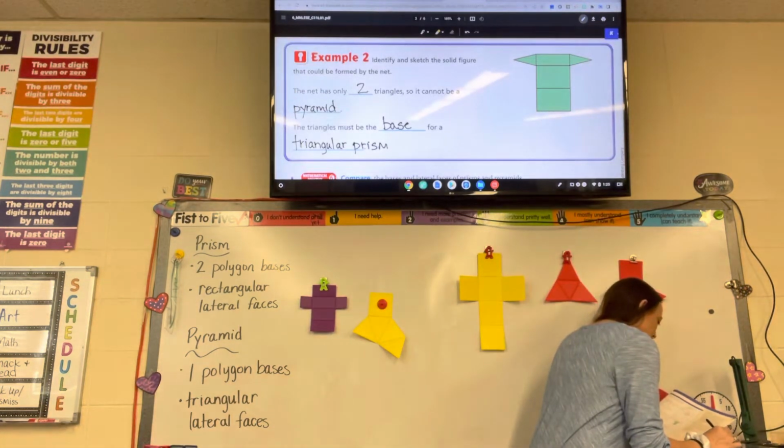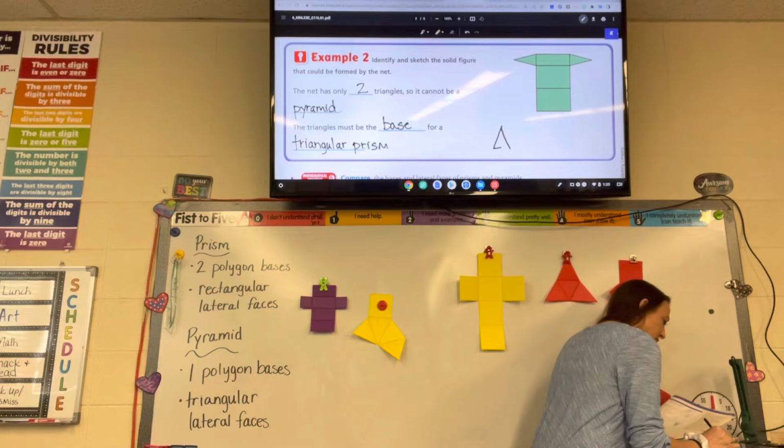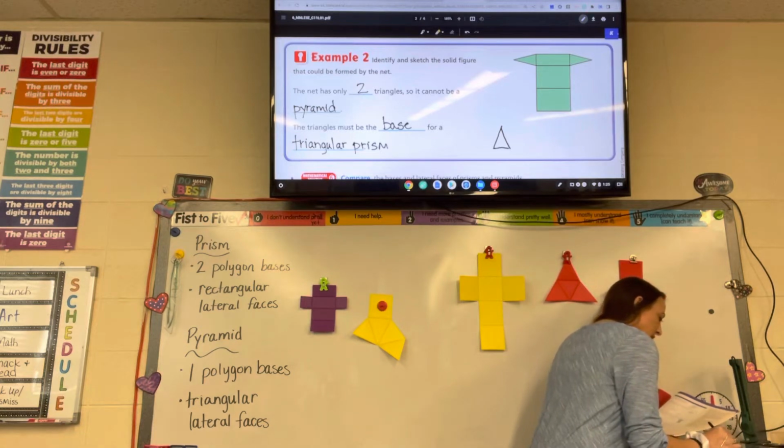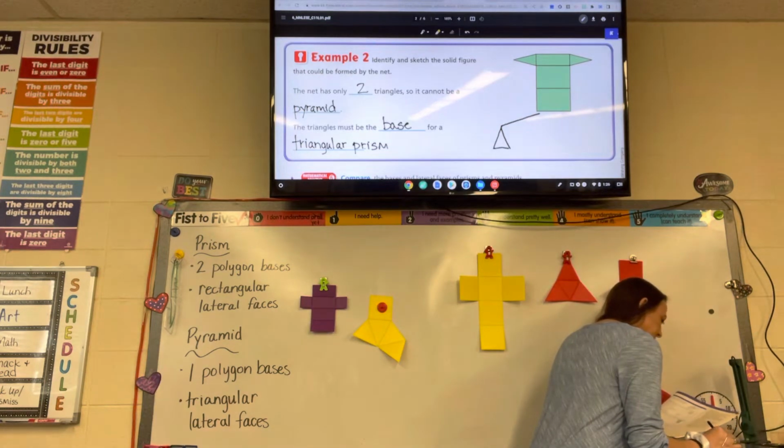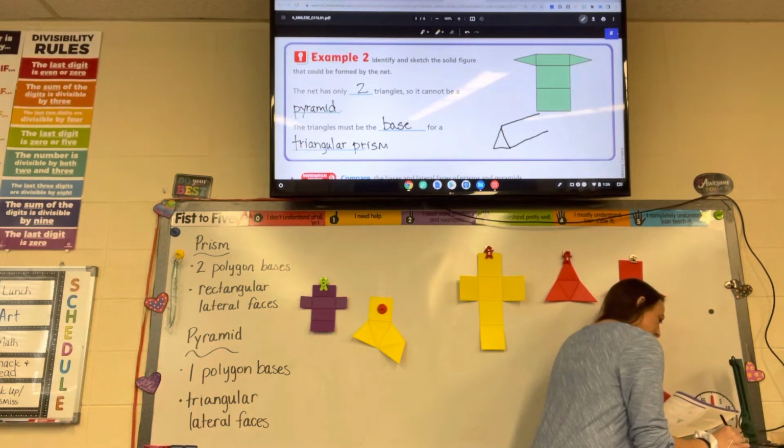So you go draw a little triangle, or kind of a skinny triangle first. Then you draw a line that goes kind of backwards. And then from this side, another line that goes backwards. And then back here, you draw another triangle. And then back here is a dotted line.